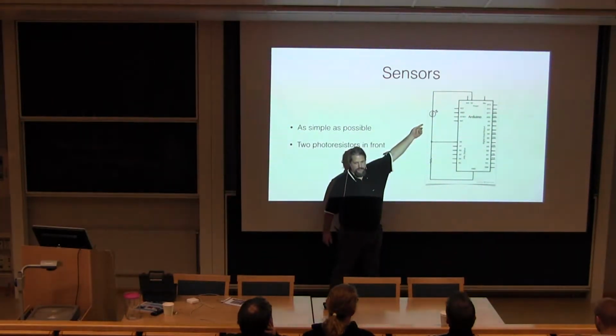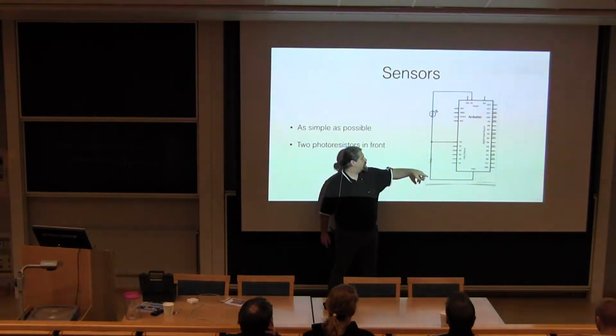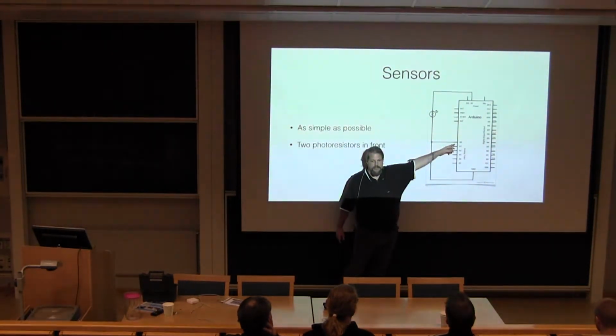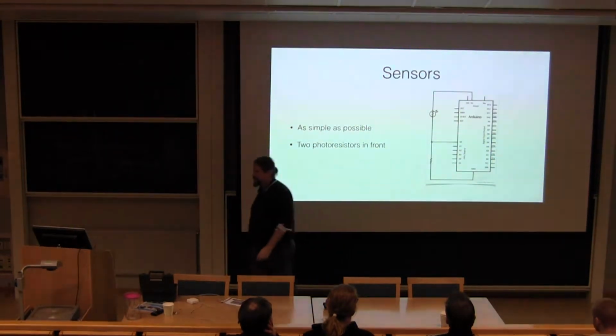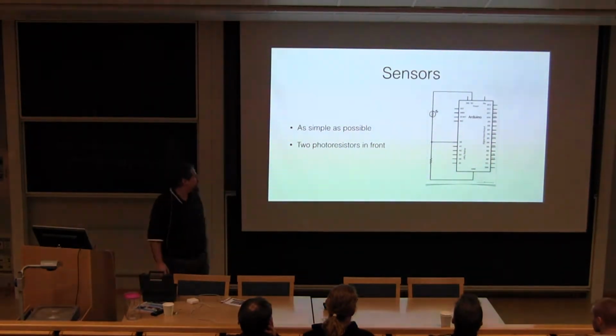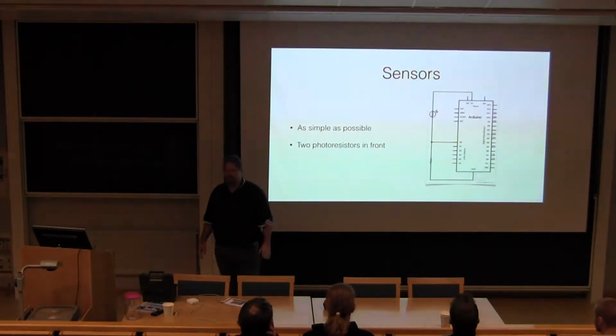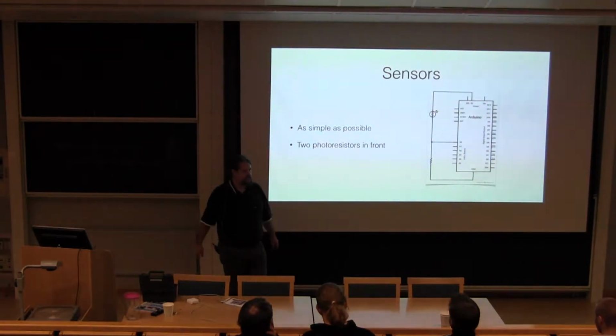The resistance of the photoresistor changes with the light, and I have another resistor here, so the analog input ports see a varying current depending on the photoresistor. So I can read out how light it is on that sensor.